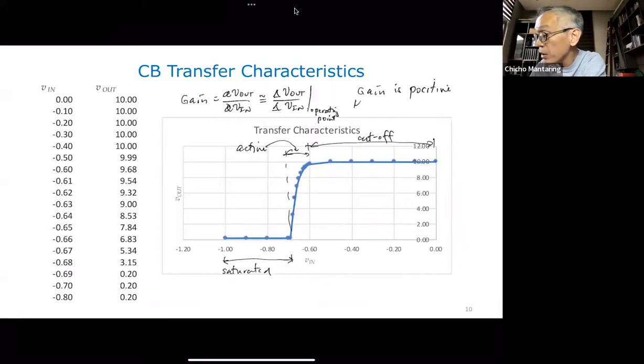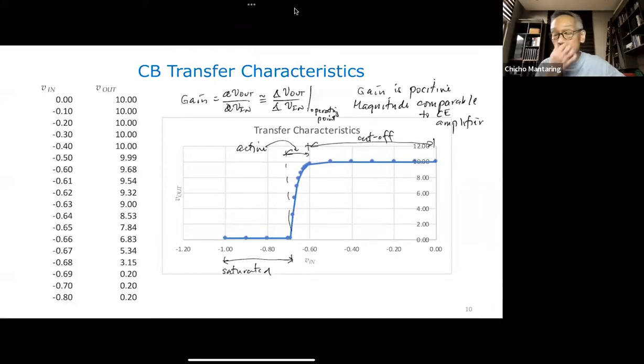But the magnitude is comparable to my common emitter amplifier. The only difference is the gain is positive. Can you see that? I hope you can see that.